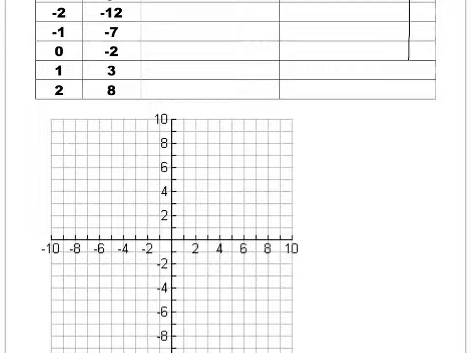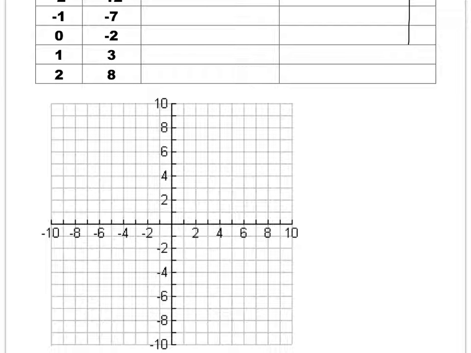When x is negative 2, y is negative 12. This is going to be off the chart, so I'm not going to plot this point. The next one is negative 1 and negative 7. So if x is negative 1, then y is negative 7. So negative 1 and negative 7 is going to be this point.